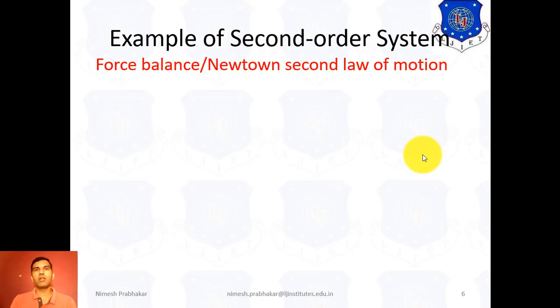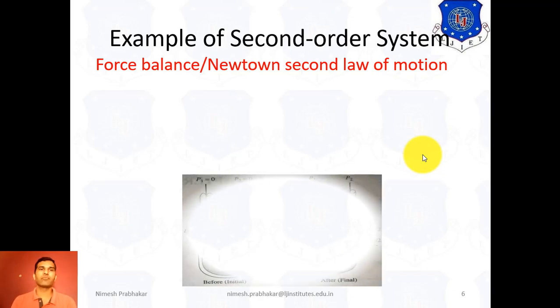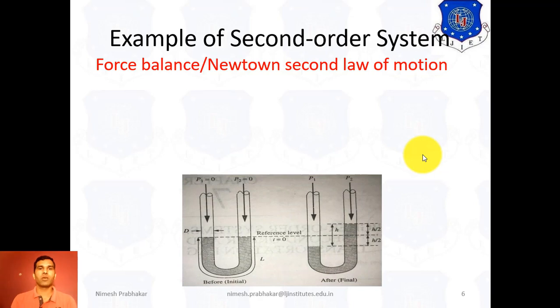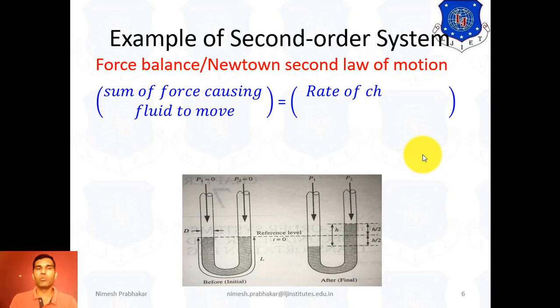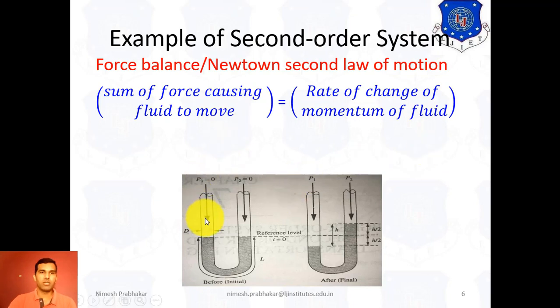From Newton's second law of motion we can write for this manometer: the sum of forces causing the fluid to move is equal to the rate of change of momentum of the fluid.